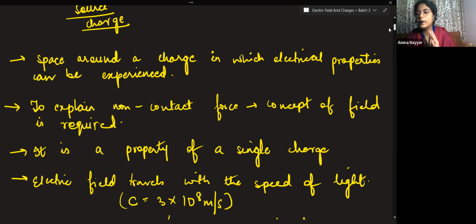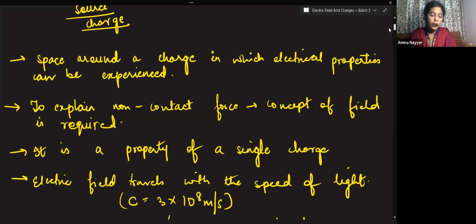Scalar quantities are those that just have magnitude; they do not require any direction to specify them. Vector quantities have magnitude as well as direction. So electric field is a vector quantity. It means you require the utilization of vector laws for finding out the direction. So the concept of vector is required.